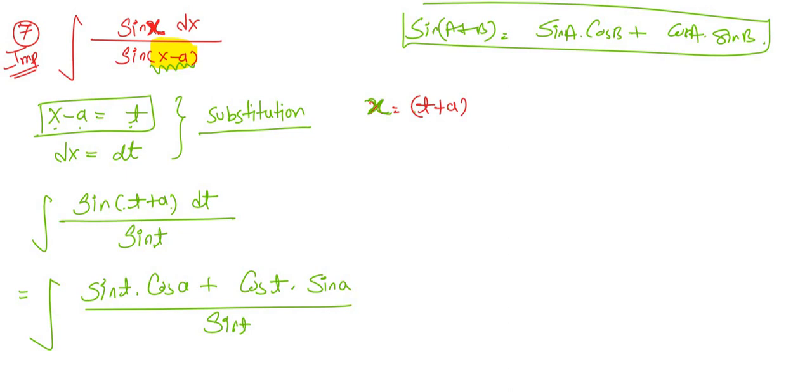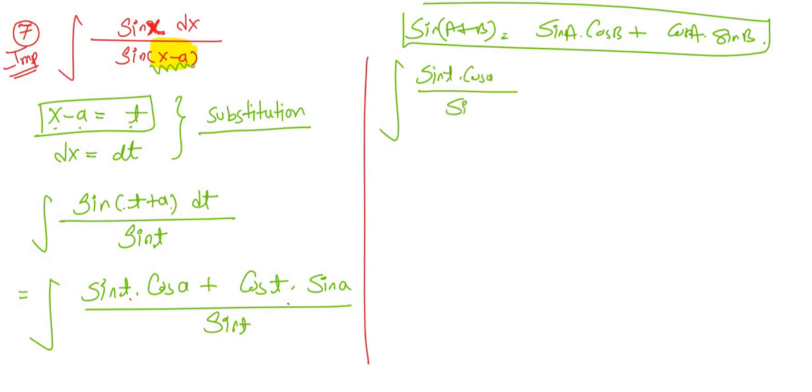Now can I separate it out? This one will become sin t cos a by sin t plus cos t sin a by sin t, with dt on both sides. The operator is dt. Remember that, because dx has converted into dt now. Correct?